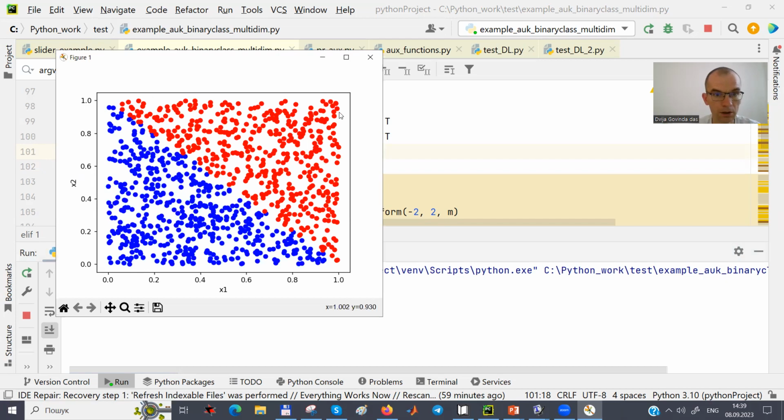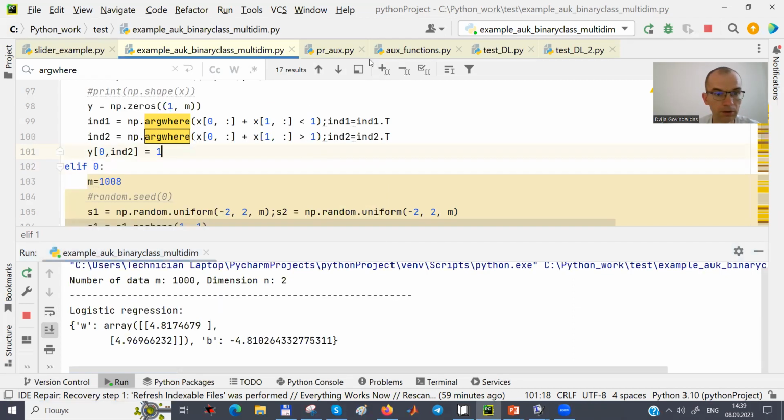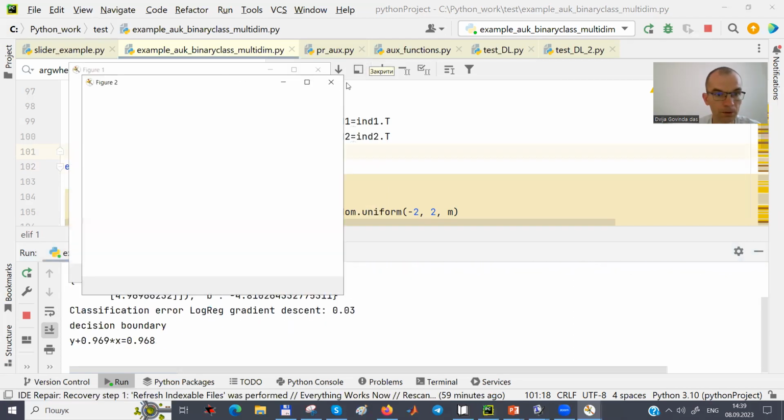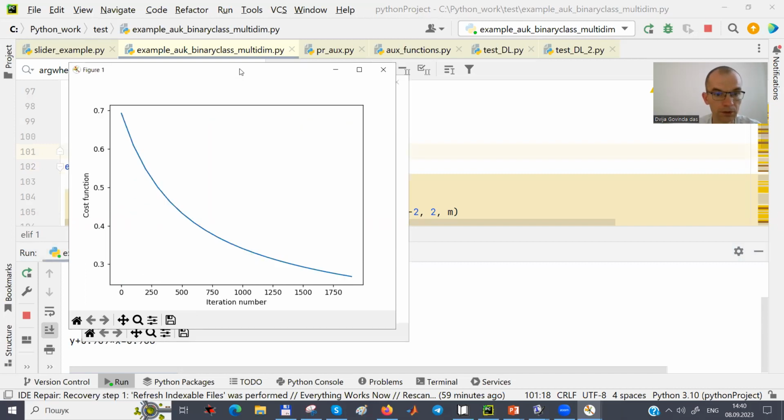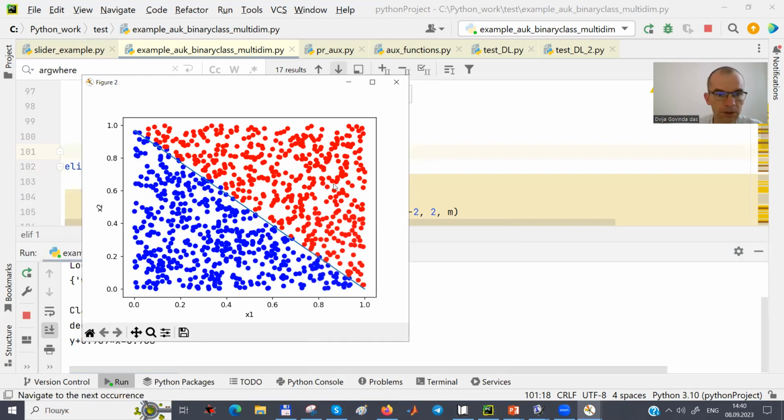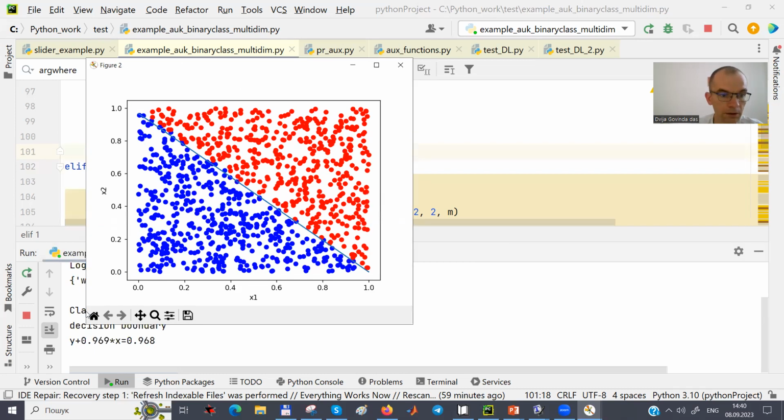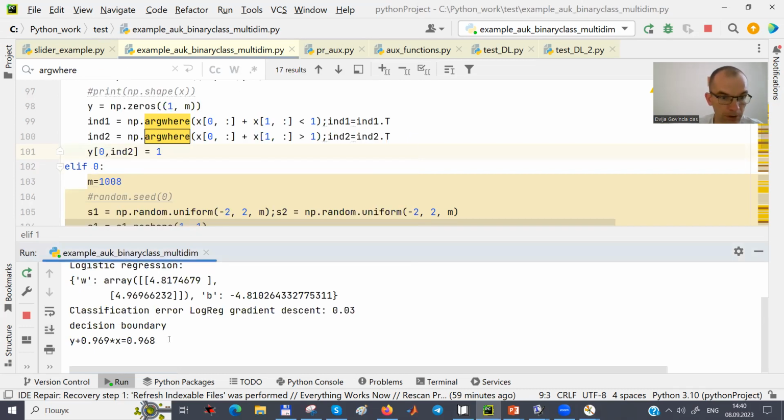These are our points, which are just as shown on this slide, and we run the gradient descent method. This is the convergence, the cost function decreases. We could also take more iterations, more than 2000, but nevertheless, we obtain the coefficients W and B and the corresponding decision boundary, which looks like this.